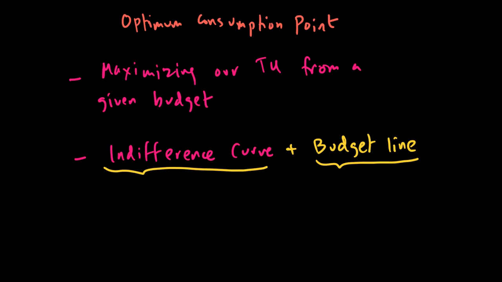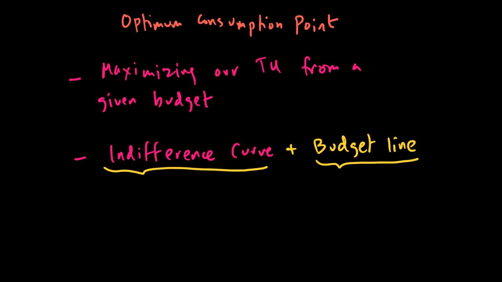And as a consumer, I would like to consume along the highest possible indifference curve. Highest possible indifference curve means that the one indifference curve that is to the right will give me my maximum satisfaction than the one on the left. So as long as I could afford it, I would want to be on the highest possible indifference curve, which will help me achieve my goal of maximizing my total utility from a given budget.